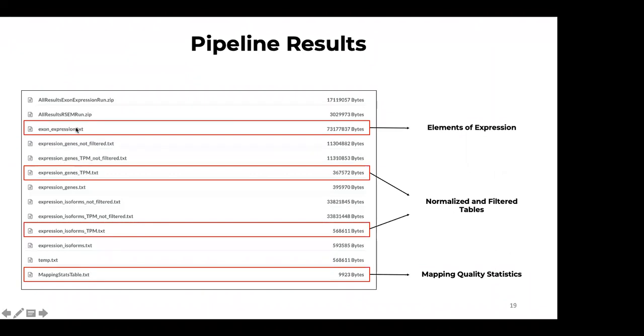So you have a different table for them, and we'll be looking into those tables as well. We also see normalized and filtered tables of genes and isoforms. So how they have been normalized, and also we see a mapping statistics file here. So these are the different files that are there for you to explore.